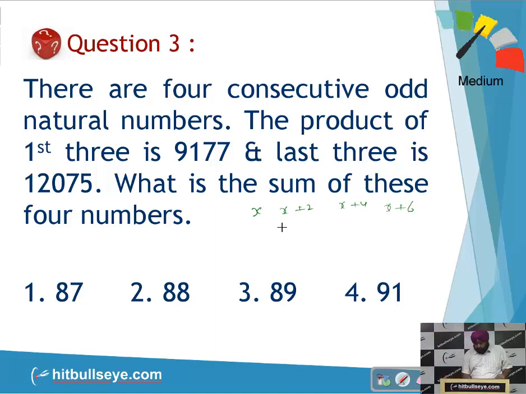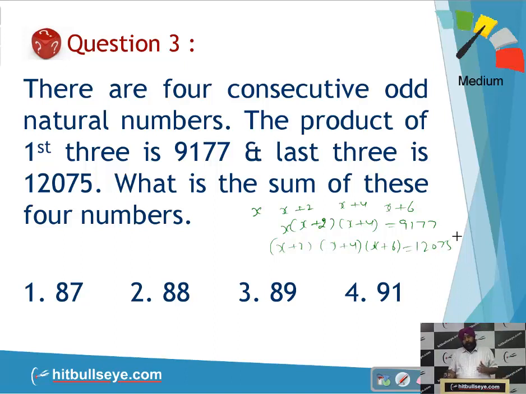So the equations will be x into (x plus 2) into (x plus 4) is 9177, and (x plus 2) into (x plus 4) into (x plus 6) is 12075. Now we have to solve it in a limited time period. So what is the fan solution of this?